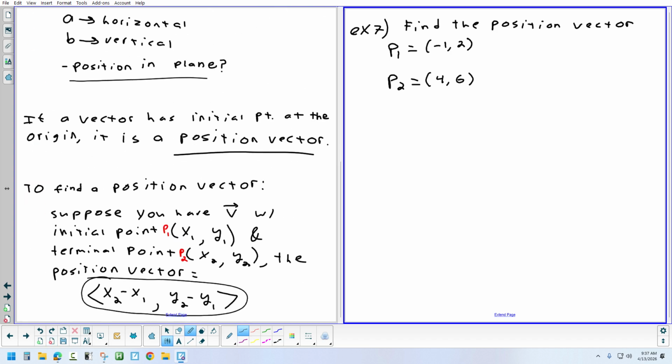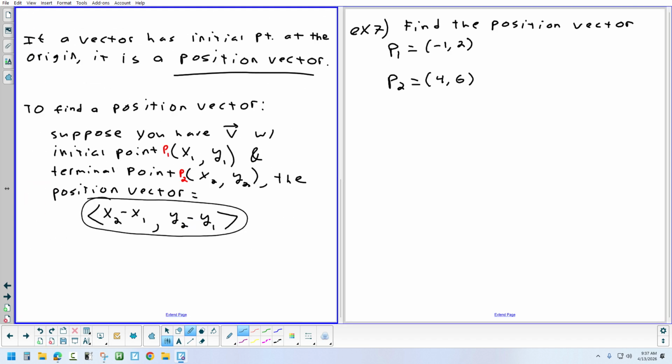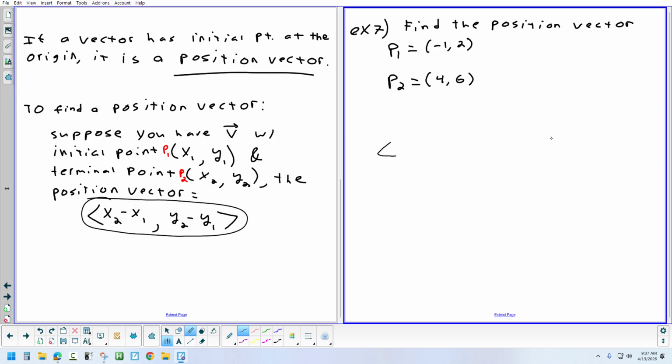Okay, so here's our points. And let's see if we can find the position vector. What's going to be the calculation for the horizontal component of my vector using that initial and that terminal point?